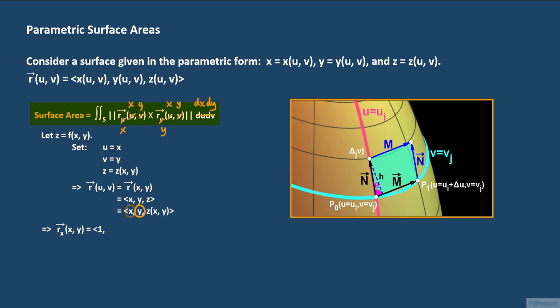The derivative of y with respect to x is 0, since x and y are both the independent variables here. z with respect to x is z sub x. Similarly, r sub y is equal to the vector 0, 1, z sub y.